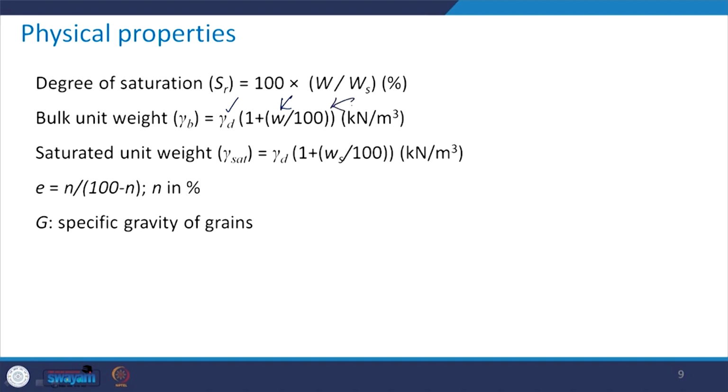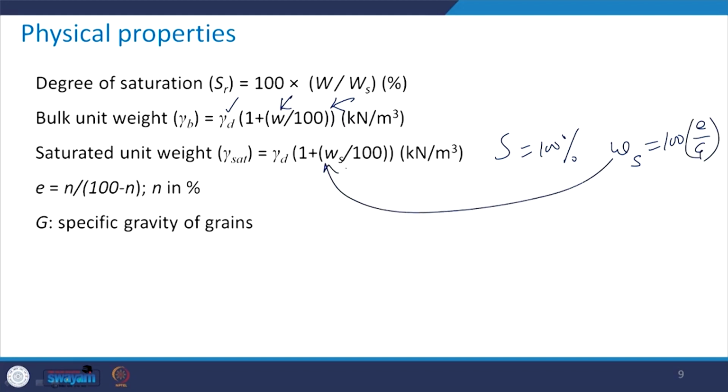And then you have the saturated unit weight, that means when you have saturation, that is capital S equal to 100%, then whatever is the moisture content corresponding to that, which is 100 into e upon G, just now we saw, you substitute here and you will get this saturated unit weight, where G is given as the specific gravity of the grains.